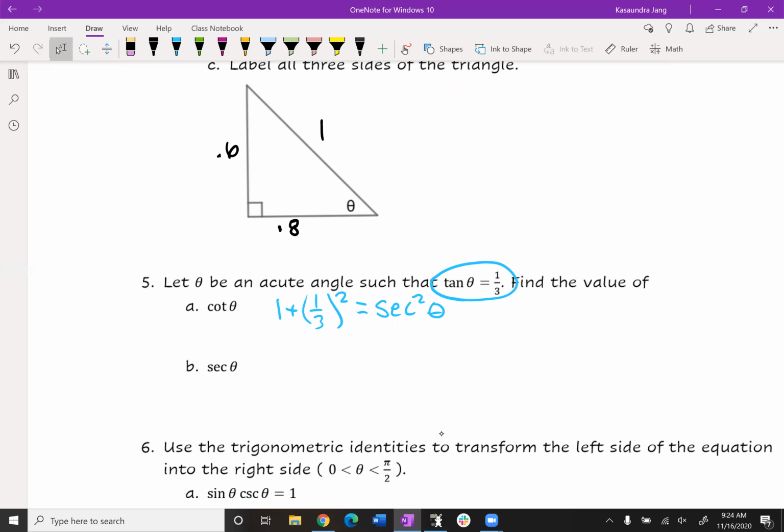Sky, you there? Yeah, okay, cool. So walk me through how to solve this. Let's just solve for secant first.